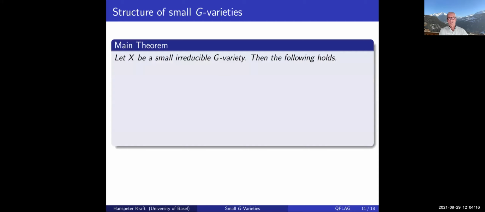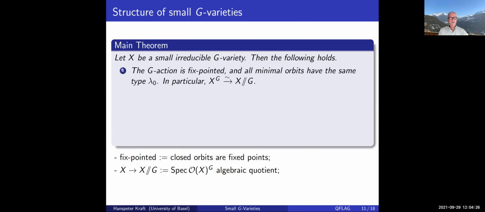Main theorem. Here's now the geometric picture. We start with a small irreducible G-variety. Then the first remark is the G-action is fixed pointed and all minimal orbits have the same type lambda naught.